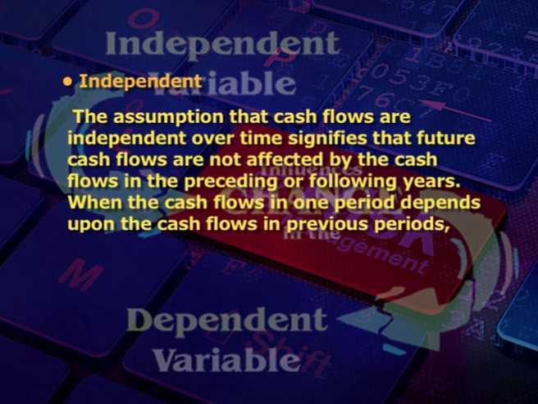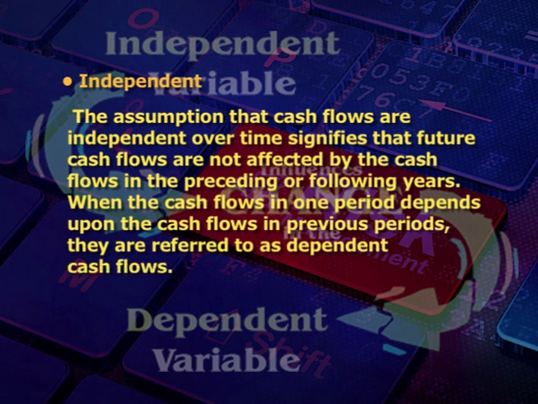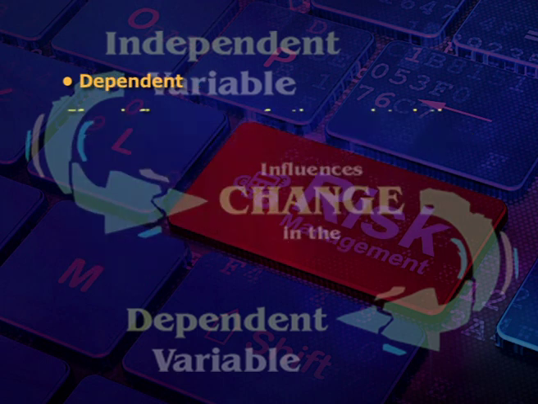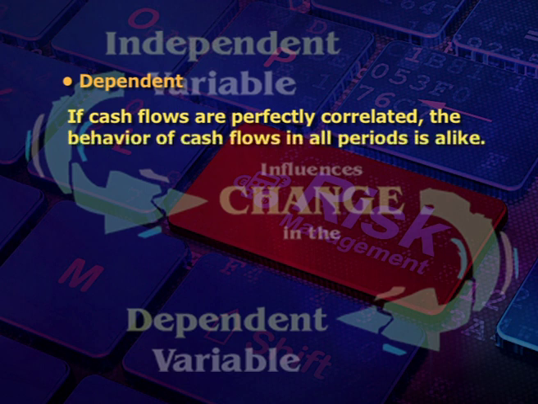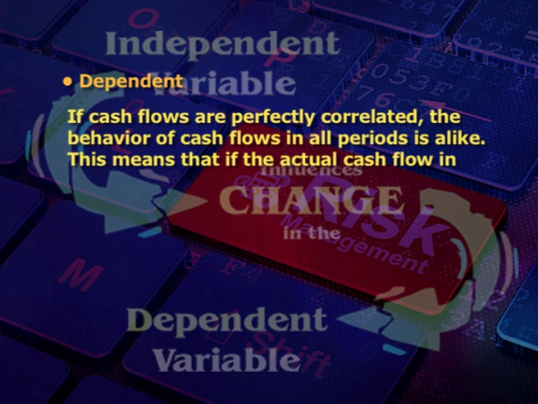When the cash flows in one period depend upon the cash flows in previous periods, they are referred to as dependent cash flows. On the other hand, for the dependent, if cash flows are perfectly correlated, the behavior of cash flows in all periods is alike.